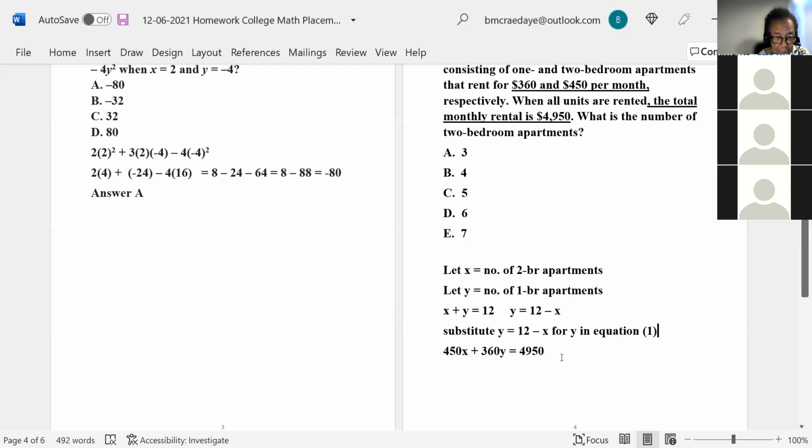This equation here, I'll call this number 1. So substitute for Y: 12 minus X. Let's make the substitution in this equation. Y, we want to put 12 minus X. And then we just have one unknown, that's X, right?